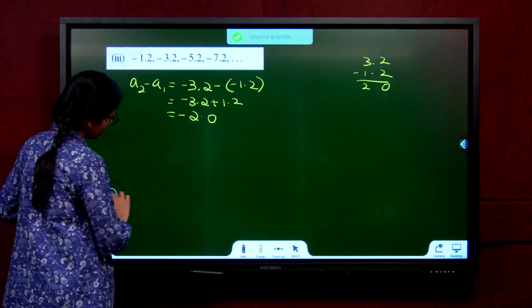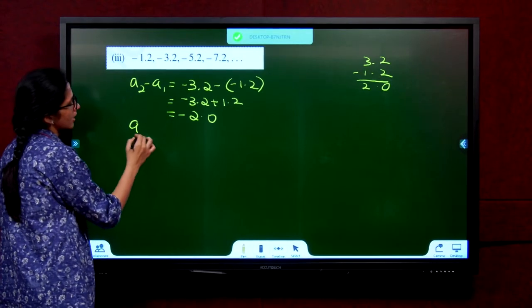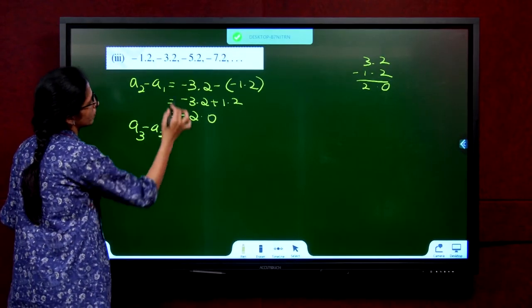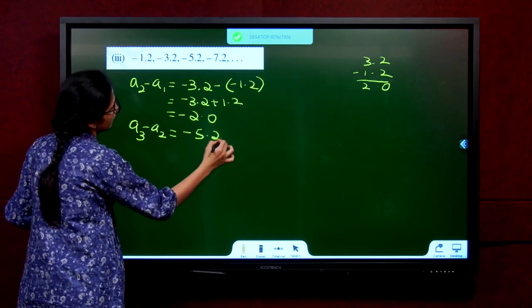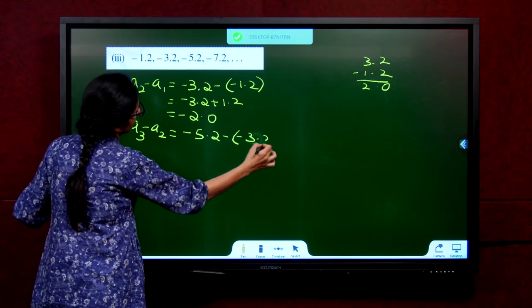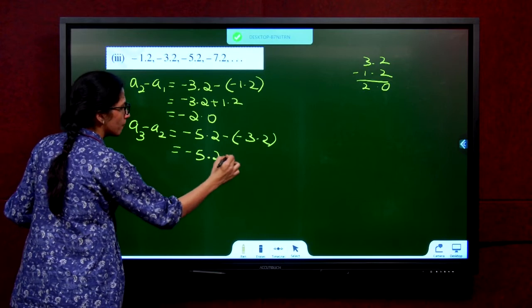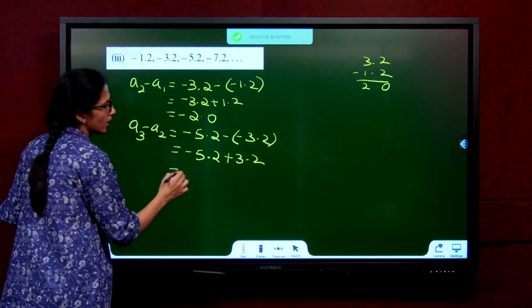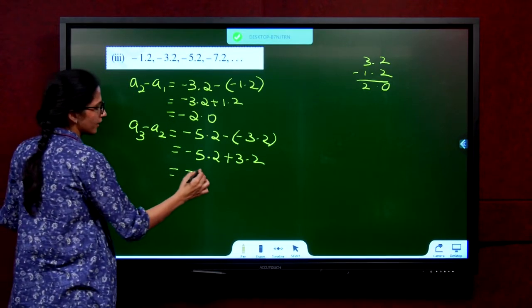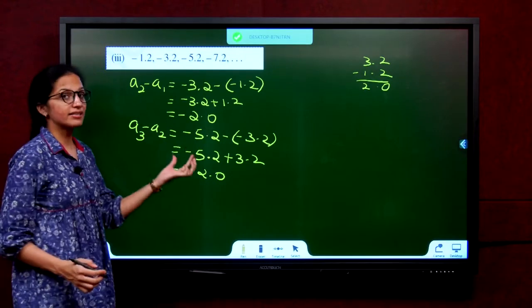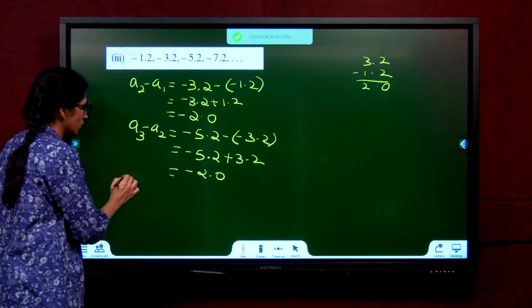Now, this was the first difference. A3 minus A2. A3 is minus 5.2, minus of minus 3.2, so minus 5.2 plus 3.2. Again subtract and see, you will get minus 2.0. Oh yes, it is matching. Check one more.